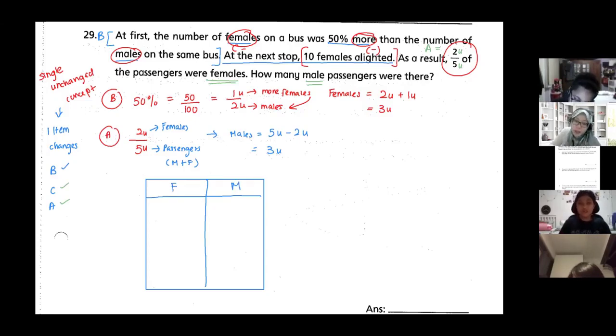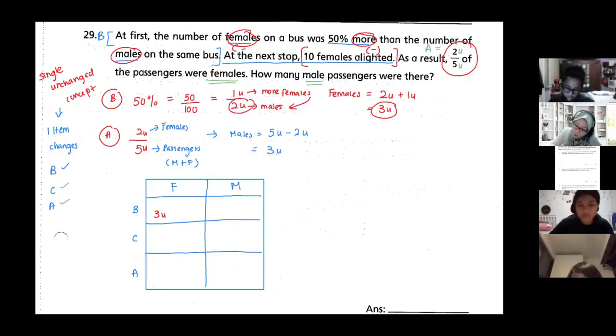Then I put my before, change, and after, and draw my lines to separate them. Then I fill up the information. Before, females is 3 units. Before, males will be 2 units, so I put 2 units like that. Then the change.